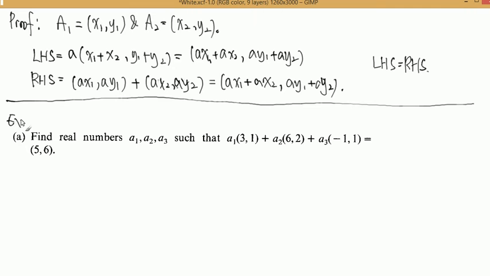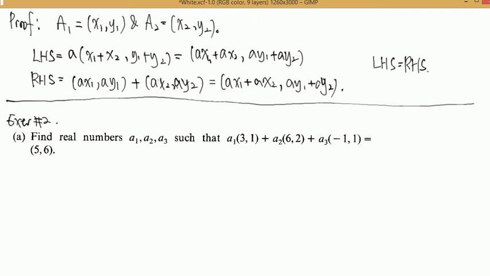Exercise number 2: find real numbers a1, a2, a3 such that this sum of 3 scalar multiplications becomes (5, 6). Don't think that he didn't teach us anything like this. You have to use your logical thinking and proceed, right?